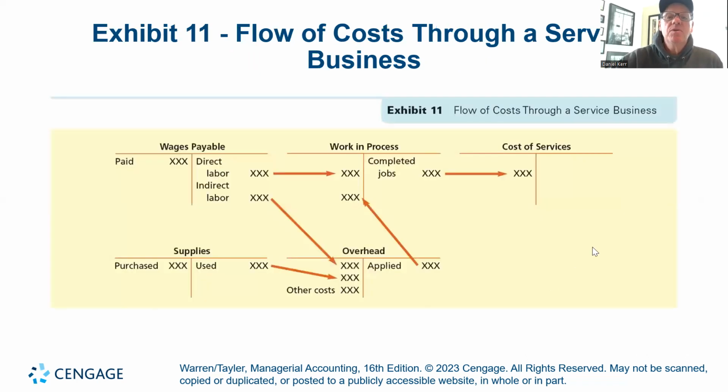So let's look at how this would work for a service organization. You'll recognize wages payable, supplies, work in process, and overhead. What you're not seeing there is materials costs. As wages are incurred in the job, they become part of work in process. As overhead is applied to the job, it becomes part of the work in process.